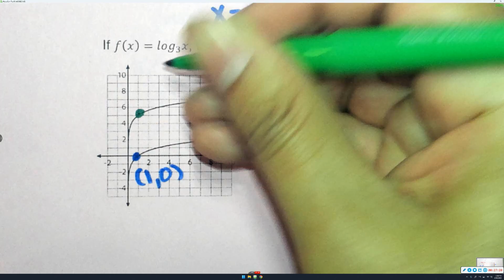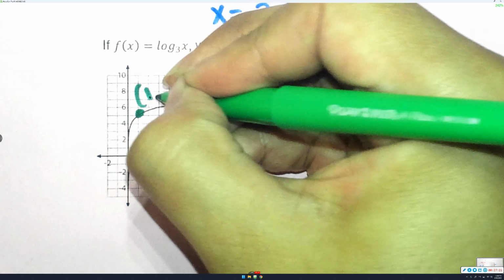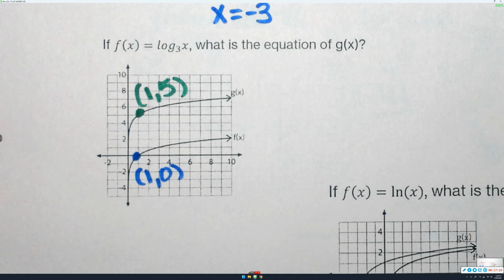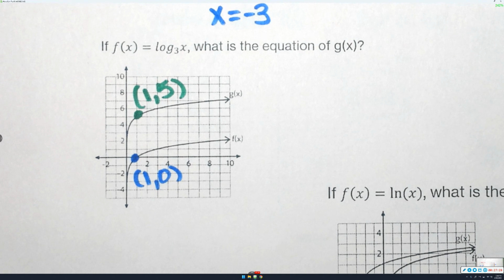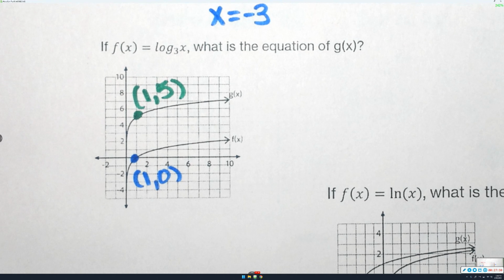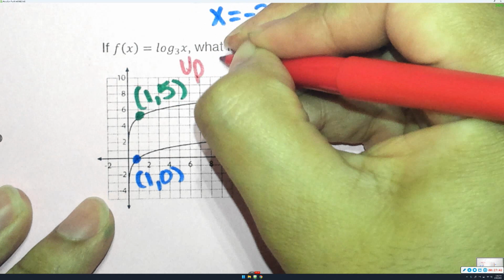In this case, I have 1, 5 for the g of x function. So now we ask ourselves, how did I go from the 1, 0 from f of x to the 1, 5 from g of x? What do we notice? It went up by 5. Good. Awesome. So on the very top, write down up 5.